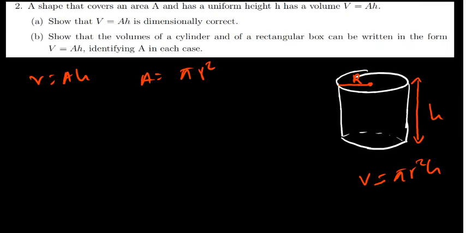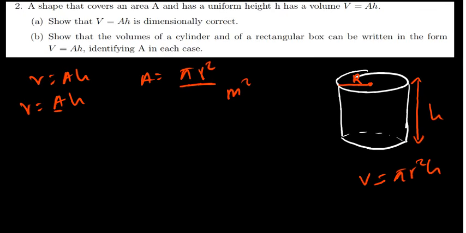Have you seen? Now I want you to think in that angle. That's the reason we have been given that V is given by A times h, where A for a cylinder is pi r squared, so the unit is definitely meters squared.